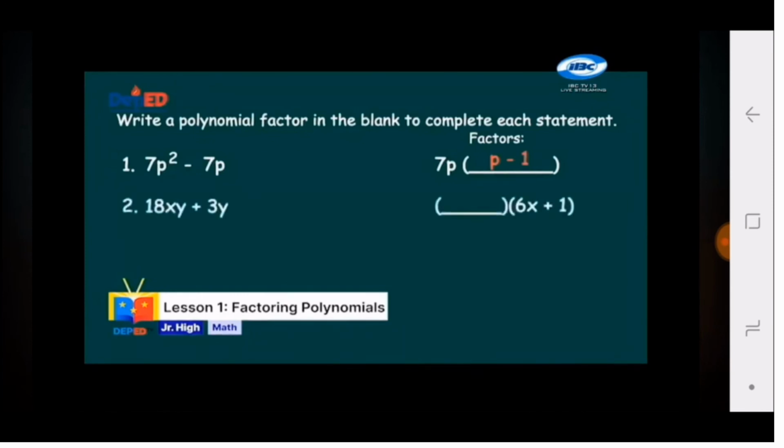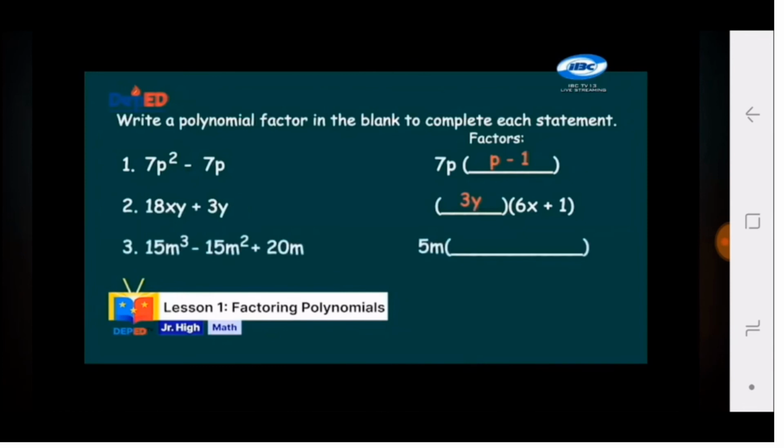Number 2, 18xy plus 3y is equal to blank times the quantity of 6x plus 1. The polynomial 18xy plus 3y can be written as the product 3y times the binomial 6x plus 1.